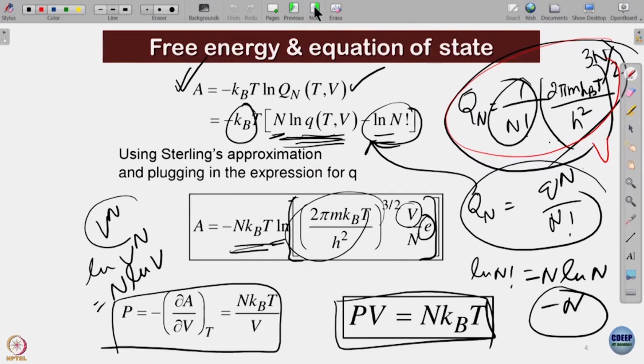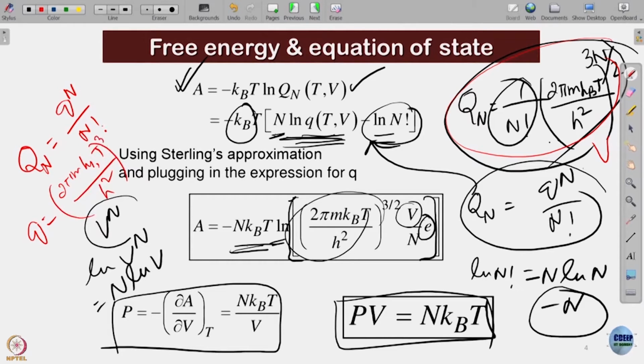We wrote down Qn is q to the power n divided by n factorial, where q is 2 pi m kBT by h square to the power 3 by 2, times the volume V. When that Qn with this q is used in the statistical mechanical expression of free energy, minus kBT ln Qn, the canonical partition function, then we get this.